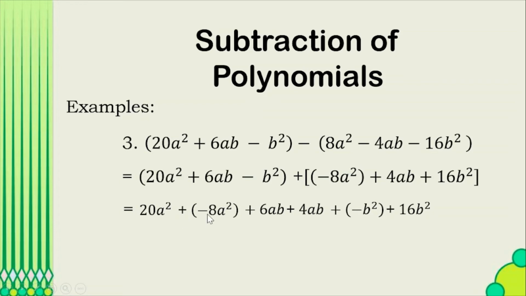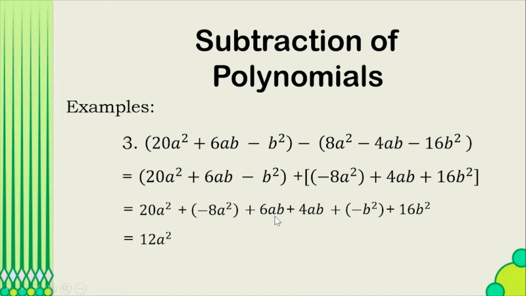Now get their absolute values. The absolute value of 20 is positive 20 and of negative 8 is positive 8. Then subtract. 20 minus 8 is positive 12. Now what is the sign of the number with a greater absolute value? So it is positive. So our answer now is positive 12a squared. a squared is the literal coefficient of the two terms. So you just need to copy that.